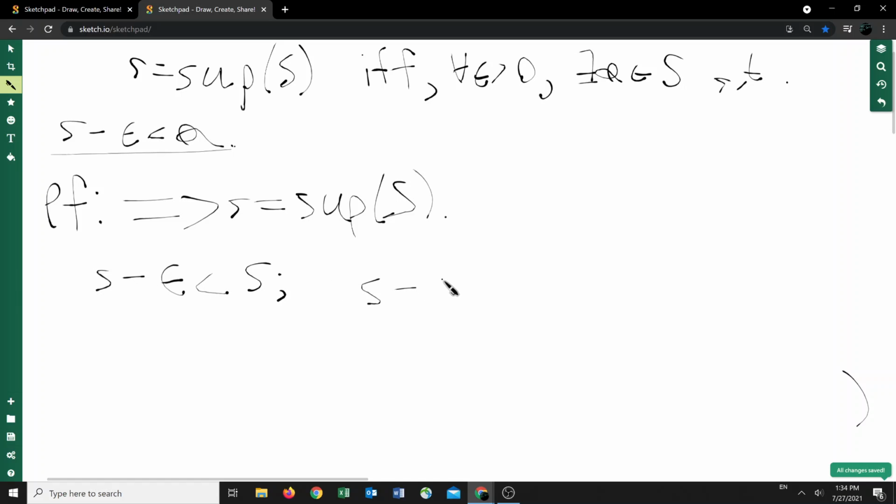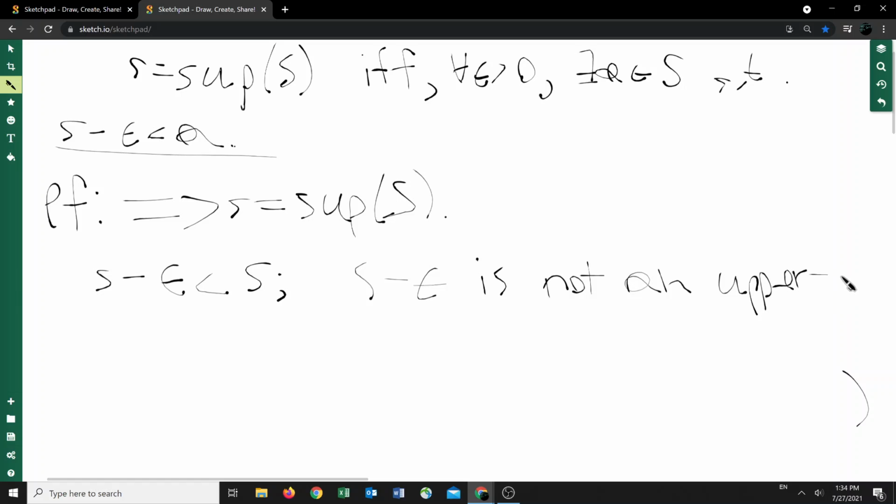Therefore, to be specific, s minus epsilon is not an upper bound for S. In other words, that tells us that there exists an a in S such that s minus epsilon is less than a.